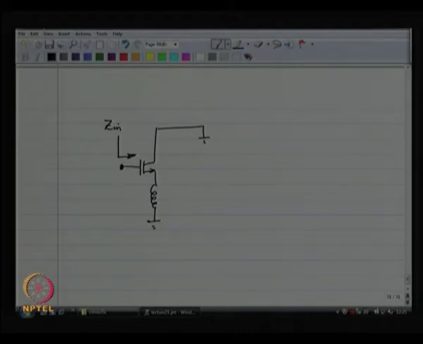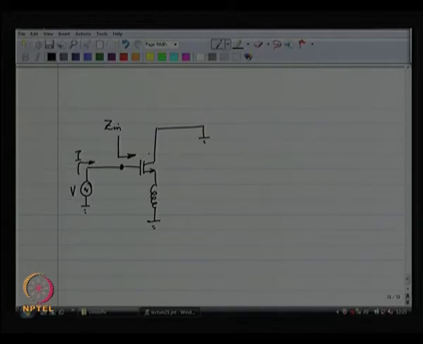So, let us try to find out the input impedance of this. To work out the input impedance of this, what do you have to do? You have to apply a voltage source and you have to see what is the current going in. Okay.